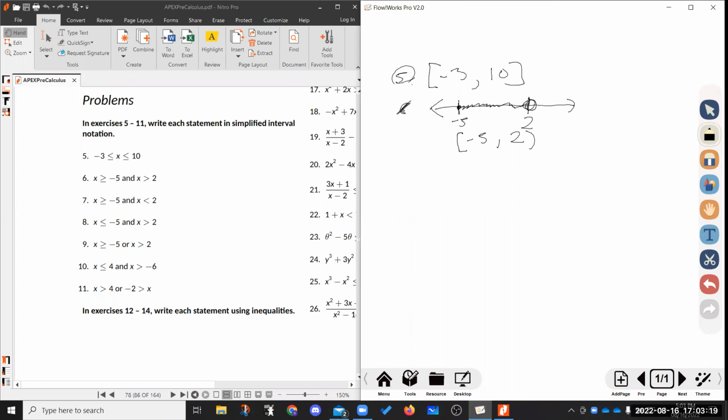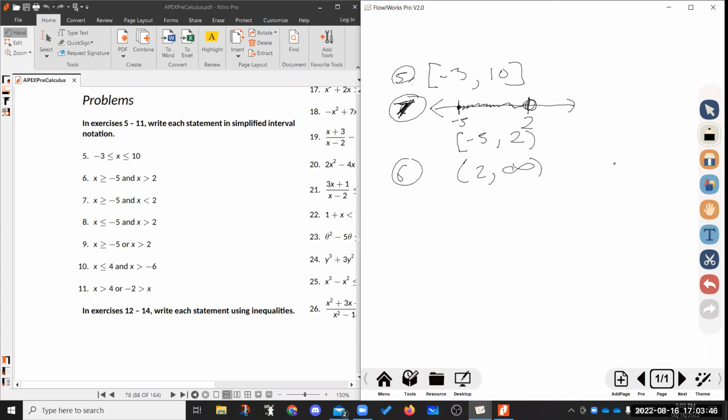This is number 6, because it says x is less than 2, which is what I read, but that's not what it said. It said it's greater than or equal to -5 and greater than 2. So anything greater than 2 is going to be greater than -5, but not everything greater than -5 is going to be greater than 2.